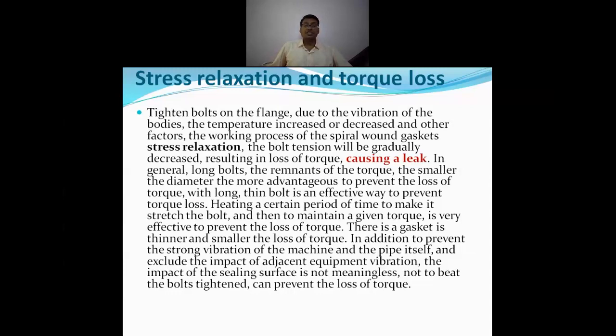Bolts tightened on the flange, due to vibrations, temperature increase or decrease and other factors in the working process of the spiral wound gasket, undergo stress relaxation. The bolt tension will generally decrease, resulting in loss of torque, causing leakage. Failure means leakage.